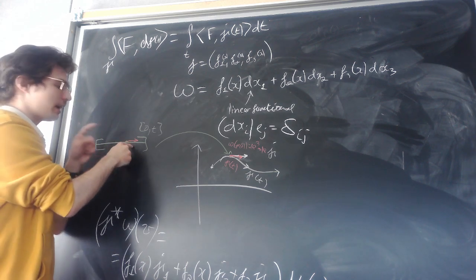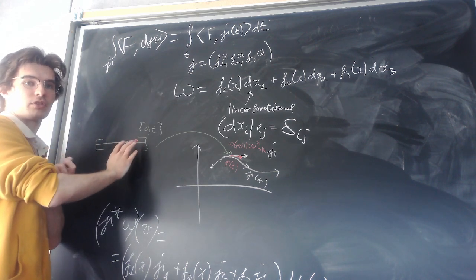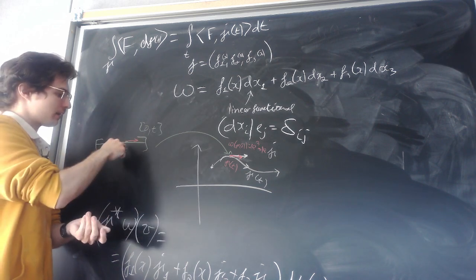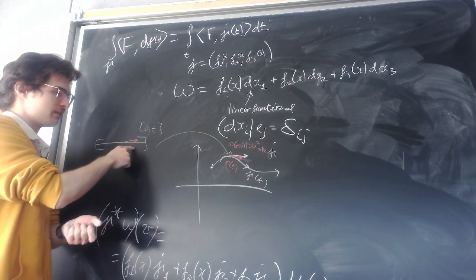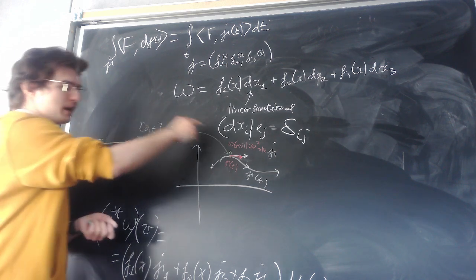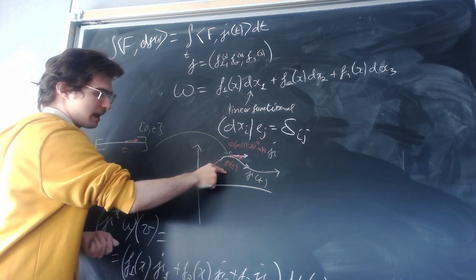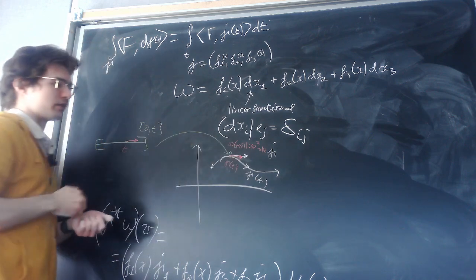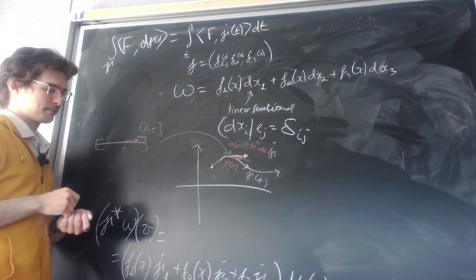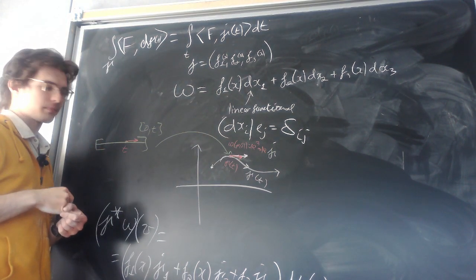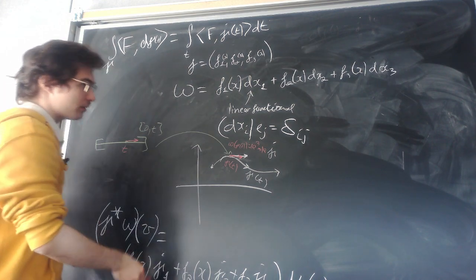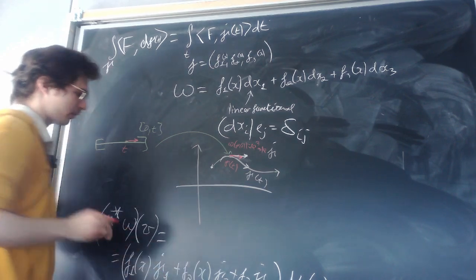But the only tangent vectors here are one-dimensional. So I want to take this vector, embed it into this three-dimensional thing, send it here, and then apply it to the differential form. Do you agree? And this is how I get from this equation to this equation.